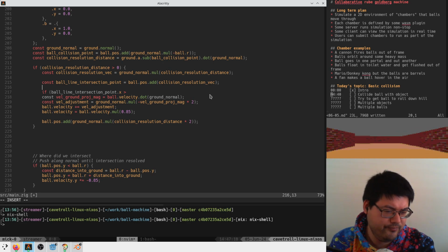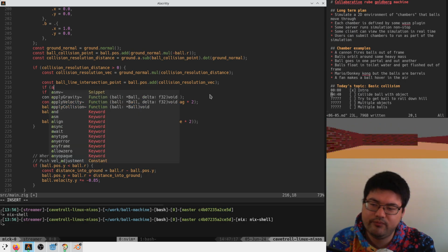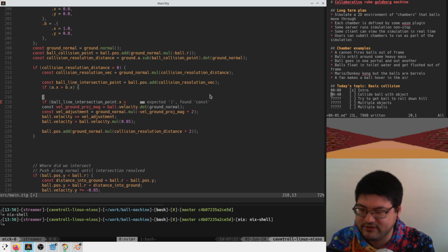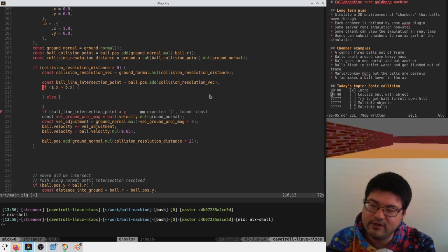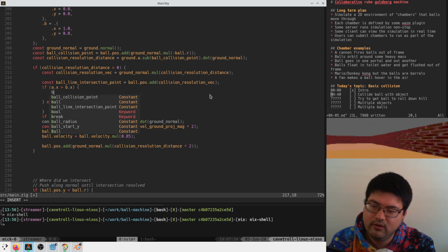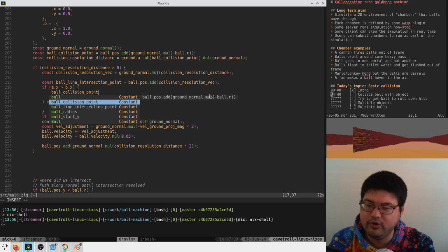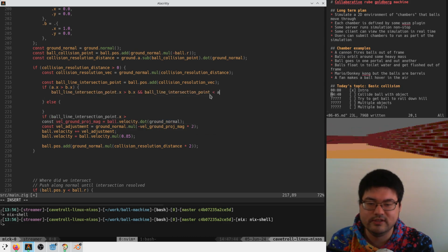So we can say A dot x is greater than B dot x. I'm pretty sure that I don't have to do this if statement, but I don't really know how else to do it right now. We take the intersection point, and if A is greater than B, then ball intersection point x is greater than B dot x, and ball intersection point is less than A dot x.